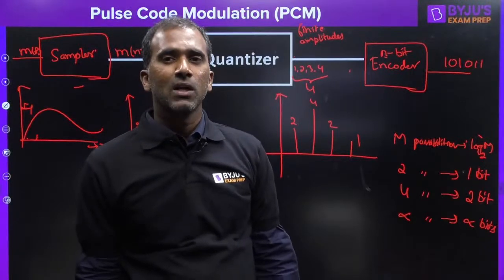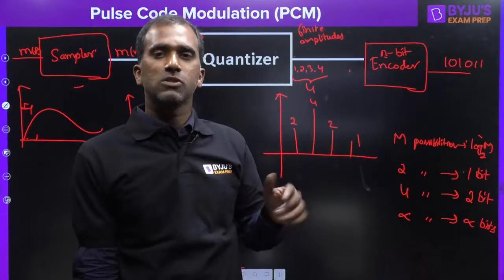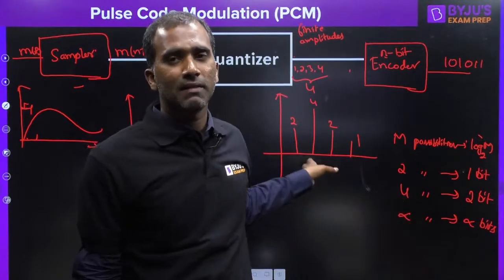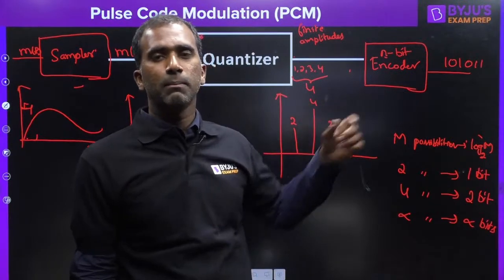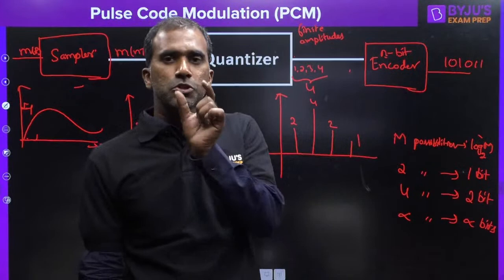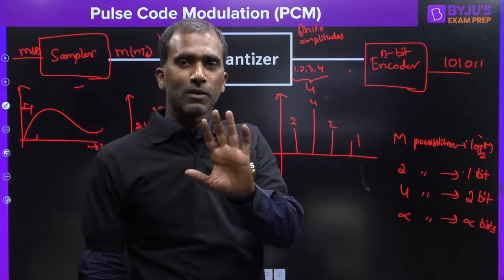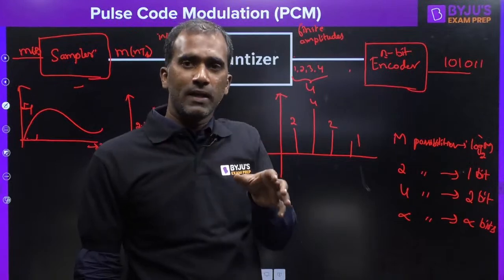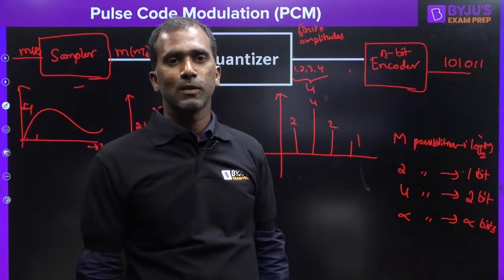So too much n is not good for us. Too small an n is also not good: too small n will give us bad quality in terms of quantization error. Too big n will impact the bandwidth. So we should choose an optimum value of n, which will balance the quality, which means the quantization error, as well as the bit rate and bandwidth.